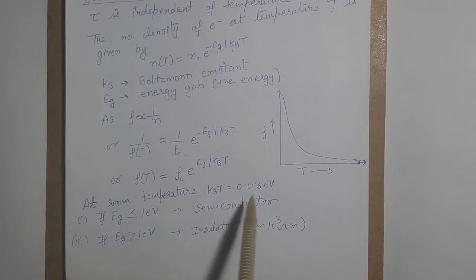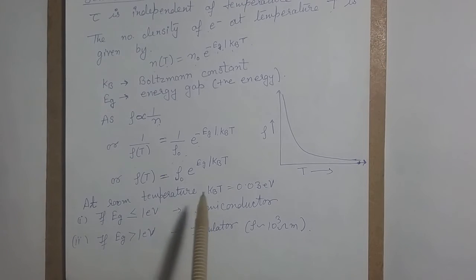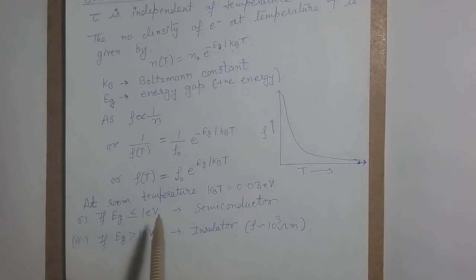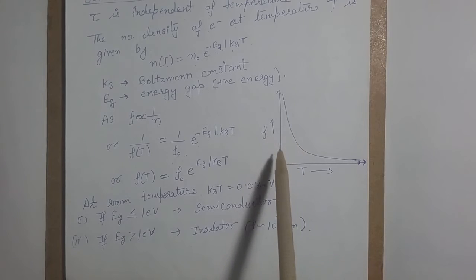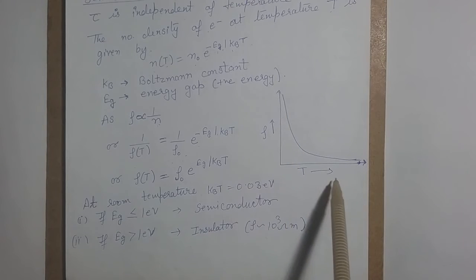So at room temperature, the semiconductor also behaves as an insulator, but when the temperature rises, the energy gap effect reduces and the semiconductor starts conducting. But this gap is very large for the insulator, and hence the resistivity of the insulator is very high. And we can see it from this graph.